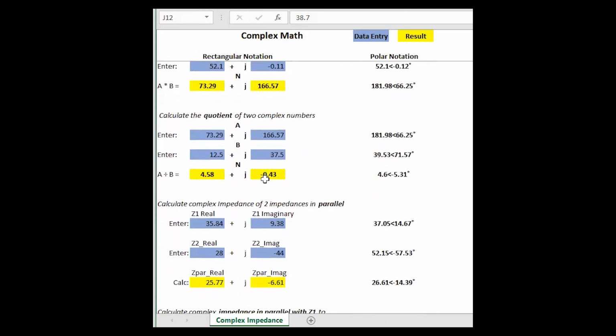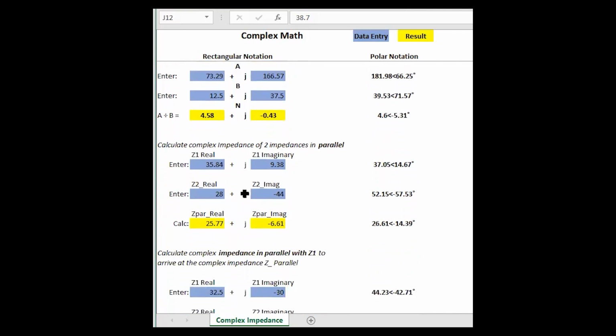Next one is I'm doing the quotient. So I can enter it in Cartesian coordinates A divided by B, and it gives me the quotient. Now, how about if I've got two impedances in parallel? I put one impedance here, another impedance here, and it'll calculate the parallel impedance for the two right here.